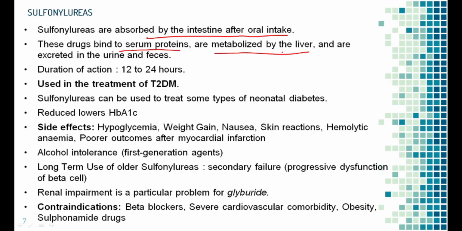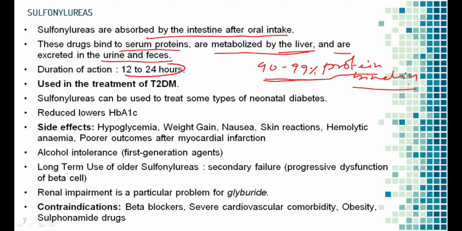Sulfonylureas have 90 to 99% plasma protein binding capacity, majorly with albumin. They are metabolized by the liver and excreted in the urine and feces, meaning through the bile.